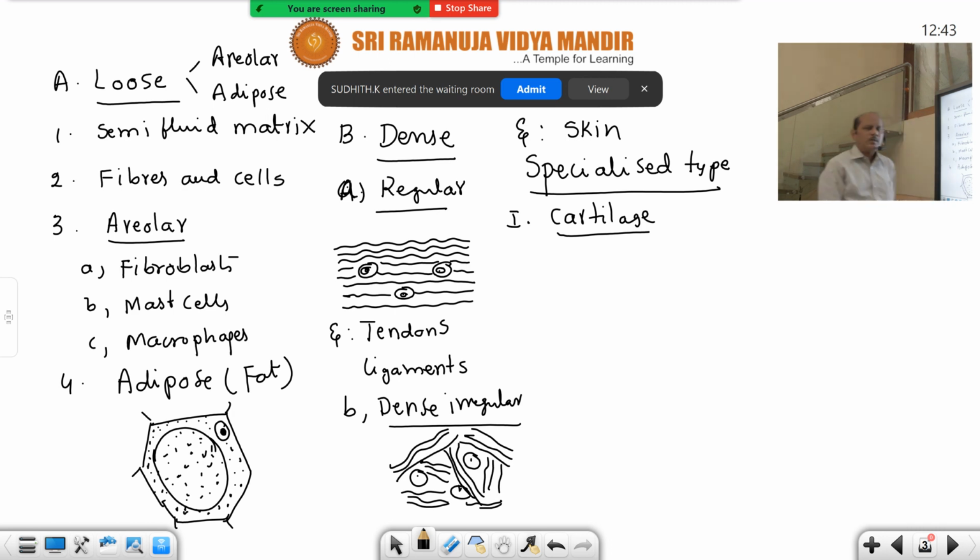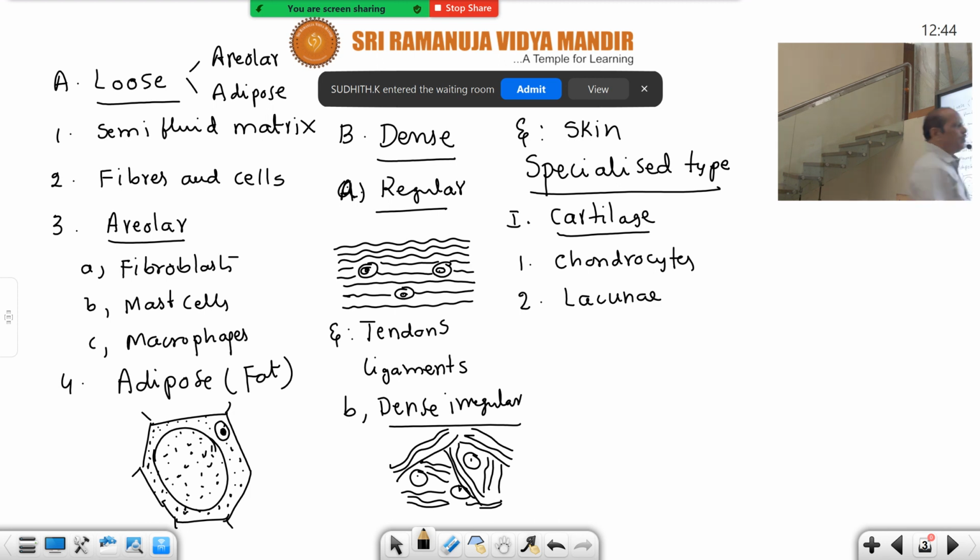Types of cartilage are not necessary: hyaline cartilage, elastic cartilage, and white fibrous cartilage. But you take this cartilage in which the matrix and fiber secreting cells, chondrocytes, are present in specialized fluid filled spaces called lacunae.